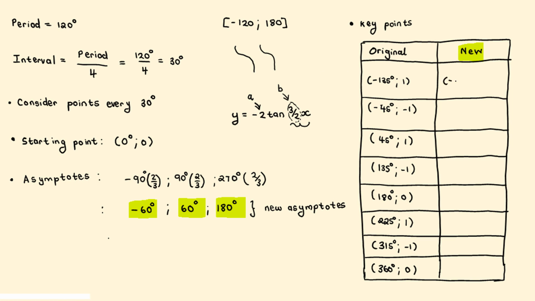For the first point, it's going to be (-90 degrees, -2). Then (-30 degrees, 2). Then (30 degrees, -2).